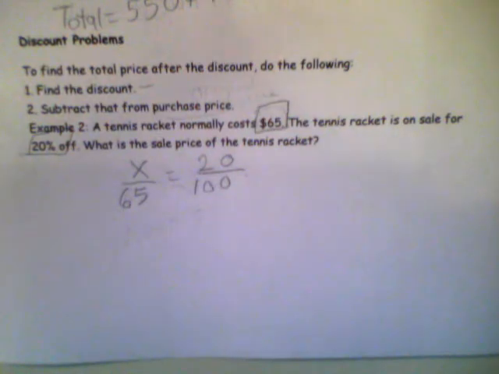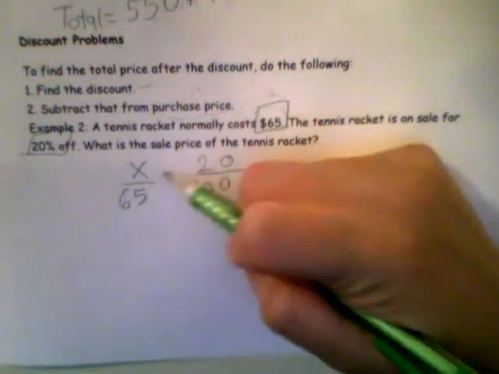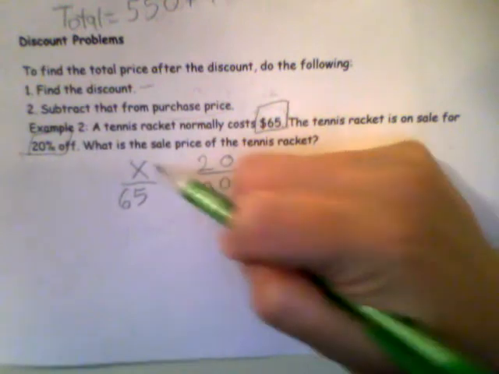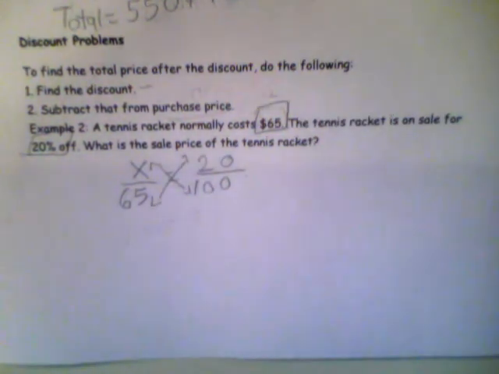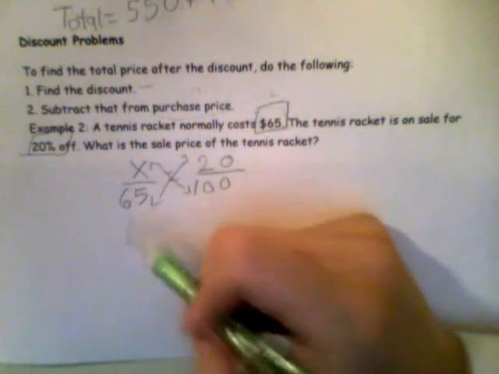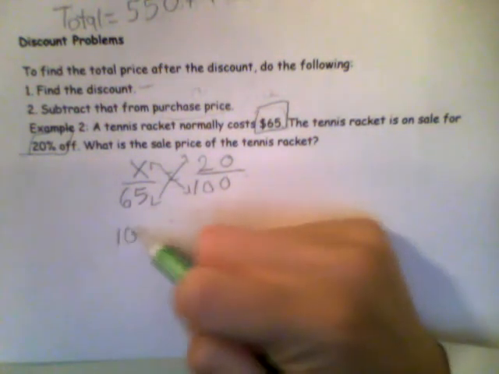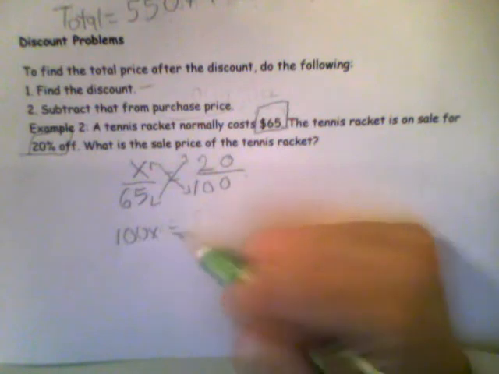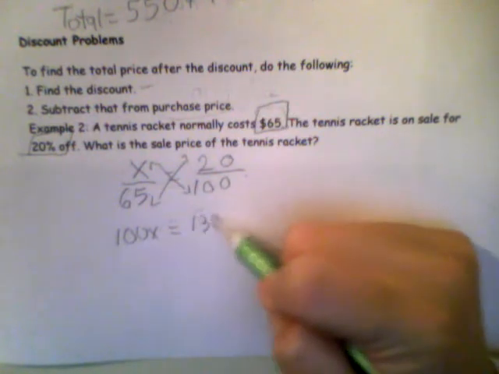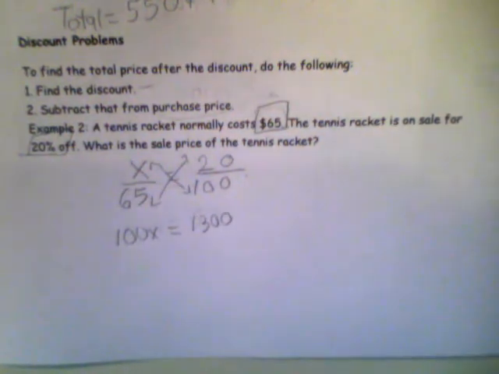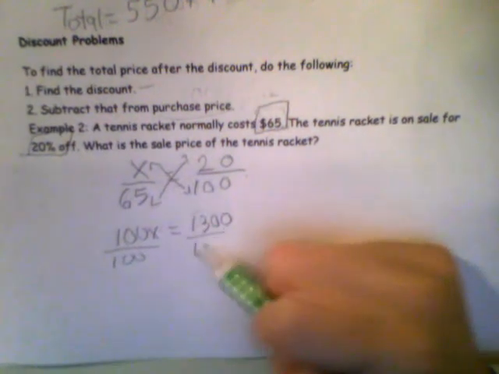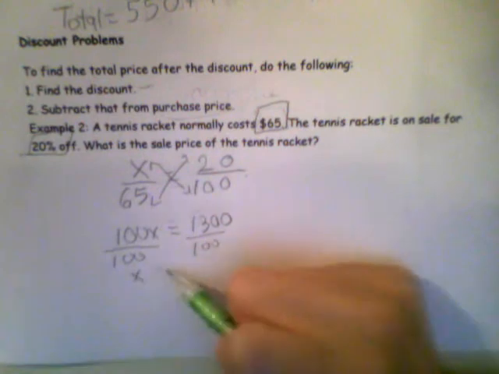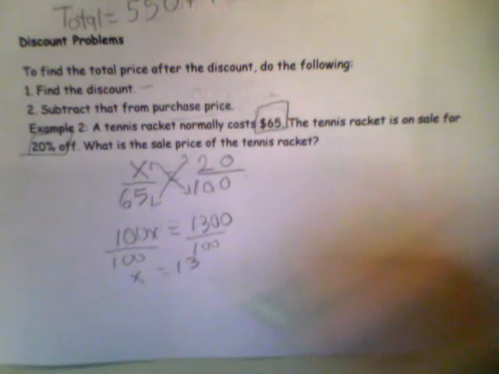So remember to show all the steps that I'm showing. To solve this, I can cross multiply. When I cross multiply, I should get 100x is equal to 1300. Divide both sides by 100, and I should get x is equal to 13.